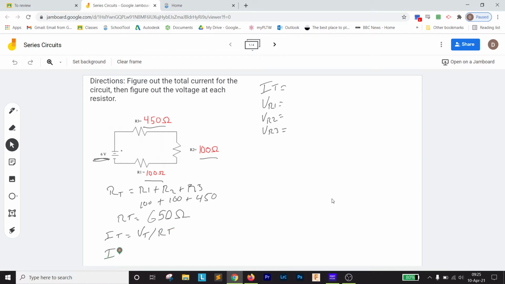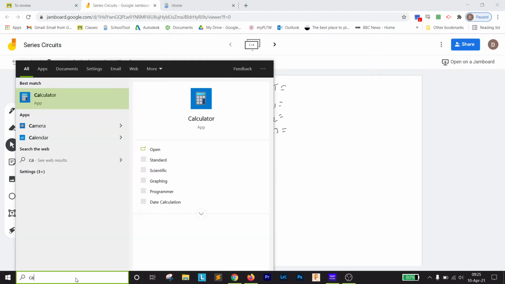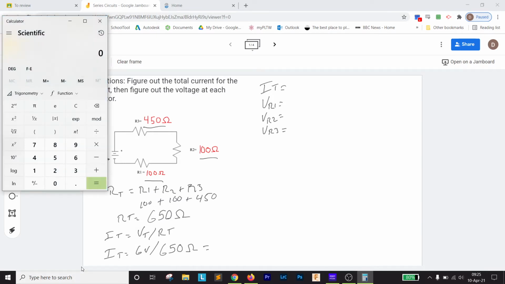So I total is going to equal 6 volts divided by 650 ohms, which is going to equal, if I put it in my handy dandy calculator, 6 divided by 650, 0.0092 amps. That's what I'm going to round it to. But to do my calculations, I am going to do a memory save on that.